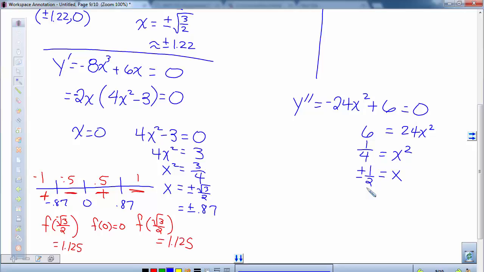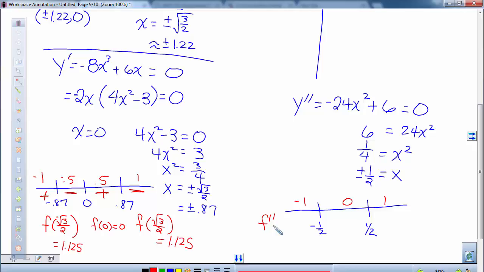All right. So at x equals plus and minus 1/2, we need to set it up to see what's going to happen. Minus 1/2, plus 1/2. My test points are going to be -1, 0, and 1. And we're looking at the second derivative to talk about concavity.